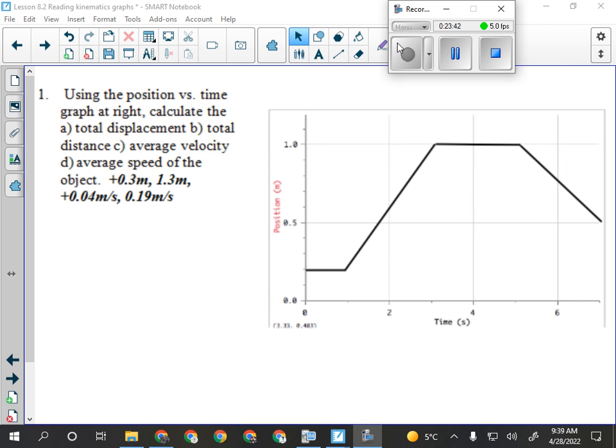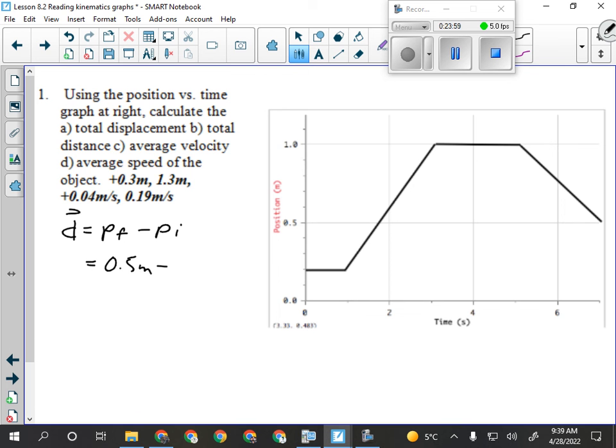All right, so first thing we want to find is the total displacement. Okay, and we know that total displacement is final position minus initial position. The final position of this object is 0.5 meters. The initial position of this object is 0.2 meters.